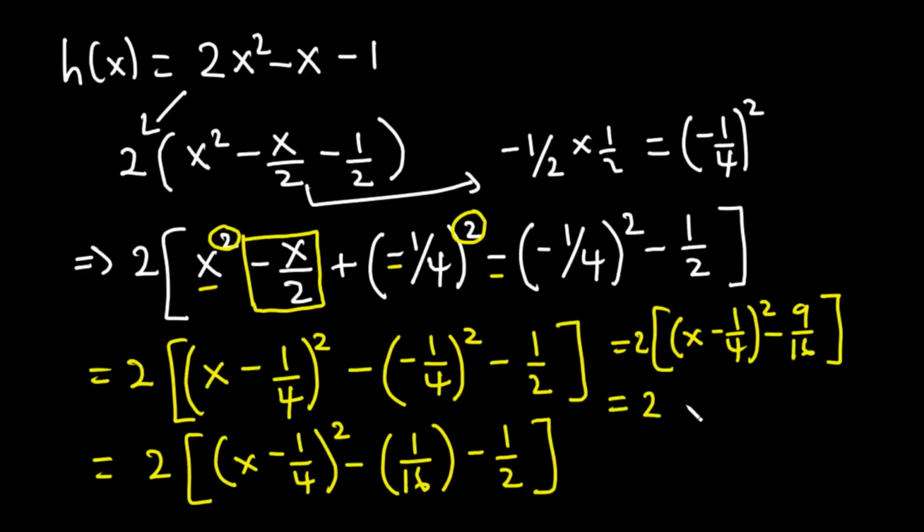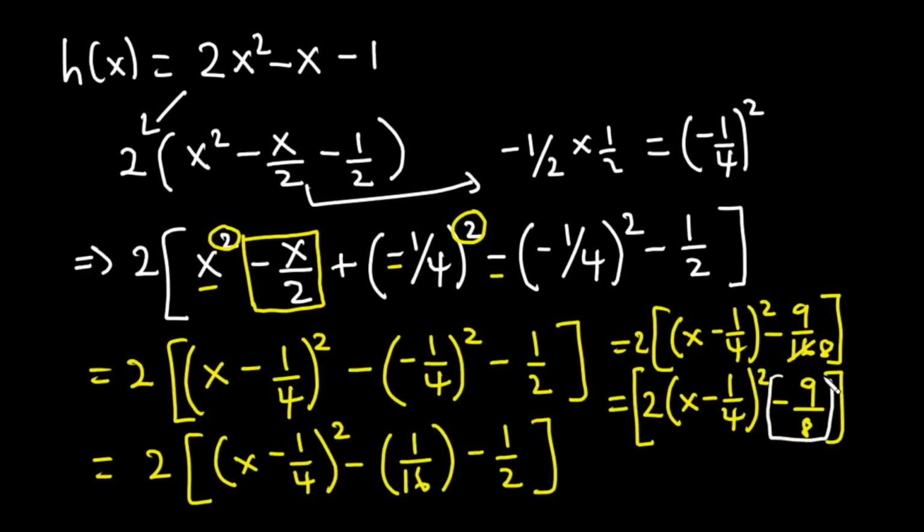So it's going to be 2 into bracket x minus 1 over 4 all squared minus 2 goes into 16 8 times, so minus 9 over 8. So the minimum value is negative 9 over 8, and then it occurs at x minus 1 over 4 is equal to 0, and then x is equal to 1 over 4.